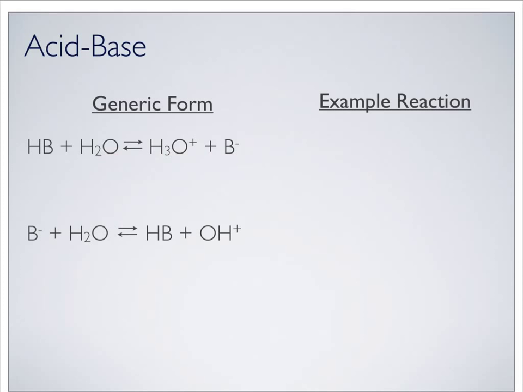So an example of this was just actually on the last slide, but a separate example would be the reaction, I should say, of hydrochloric acid, so HCl, plus water, to produce our hydronium ion, H3O+, plus chloride ion.